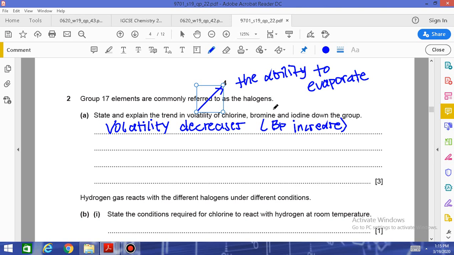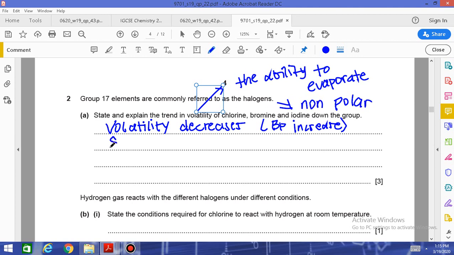Remember, for group 17 elements, the boiling point or melting point is affected by intermolecular forces. Halogens are nonpolar. So their melting point or boiling point is affected by van der Waals forces.